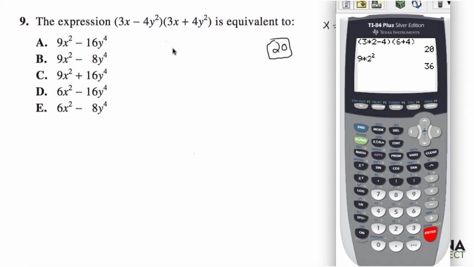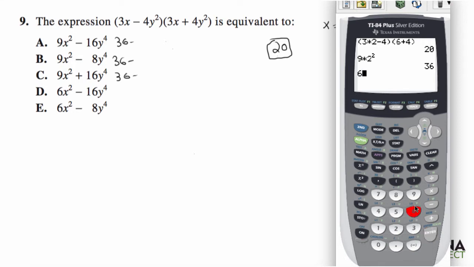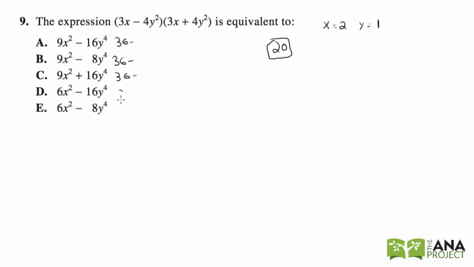So all of these are 36 minus something, 36 minus something, 36 minus something, and 6x squared, 6 times 2 squared, or 6 times 4, that's 24. So these are 24 minus something.